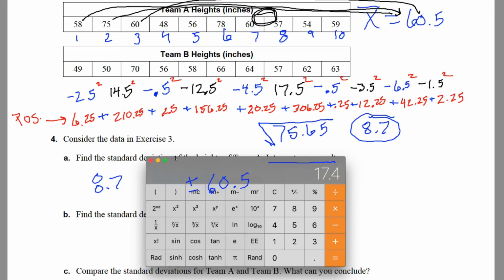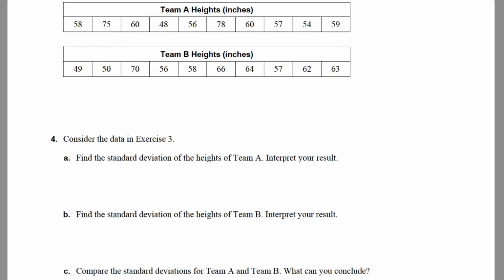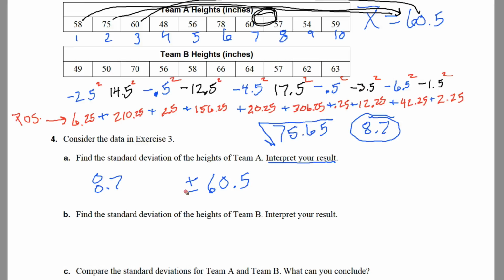Yep, 17.4. So 60.5 plus or minus 17.4, meaning either direction, is normal. Outside of that range, it's not normal. It's an abnormal result, higher or lower. But that's where most of the results are going to lie.